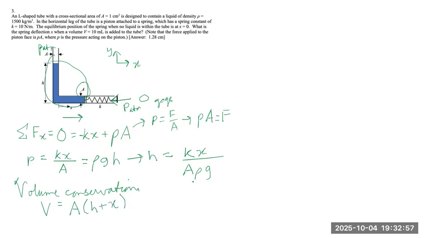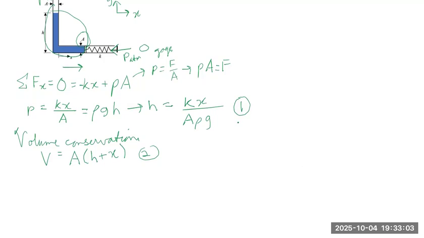So now we have our second equation relating h to x. And now we can plug in h, which we got in terms of x, into our equation 2 in order to get an equation only in terms of one unknown, which is x.